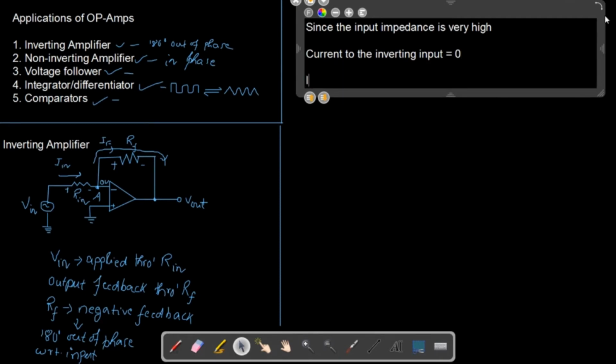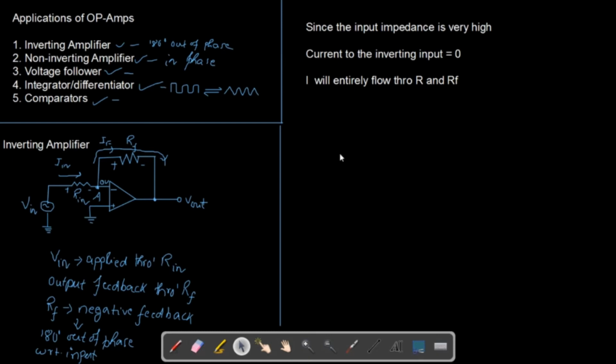So I input will entirely flow through Ri and Rf. The entire current will flow through these two resistors.